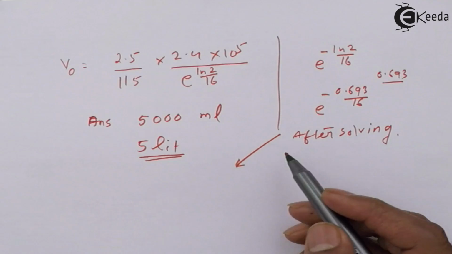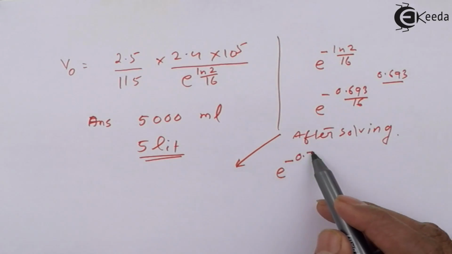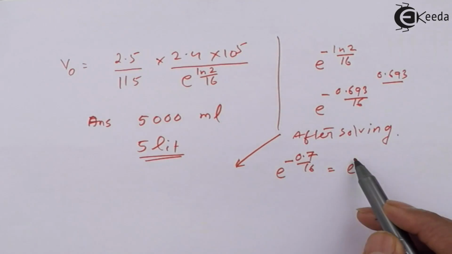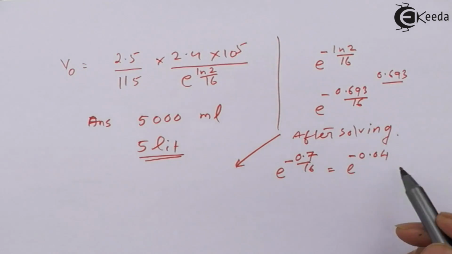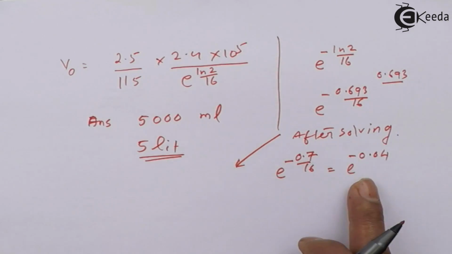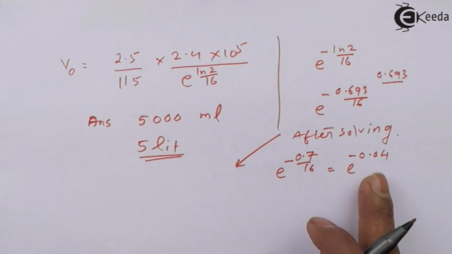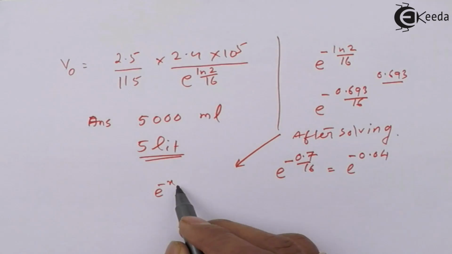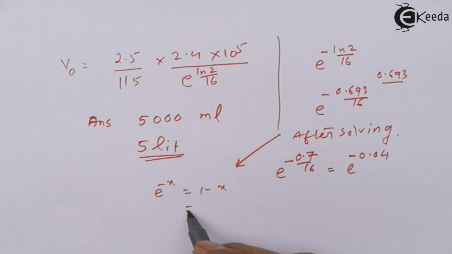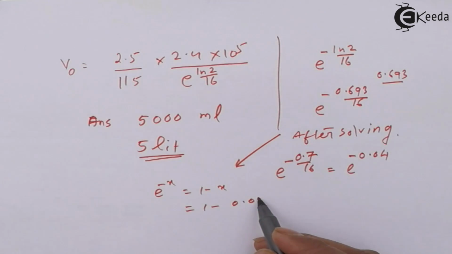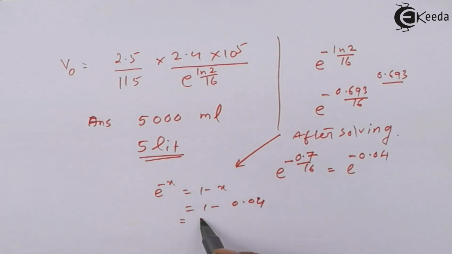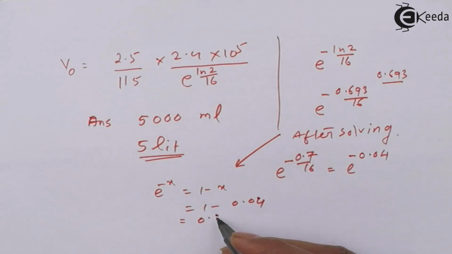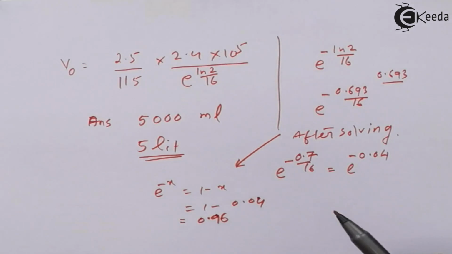So this is e raised to minus 0.04, and e raised to minus x is 1 minus x. So this becomes 1 minus 0.04, which is 0.96.